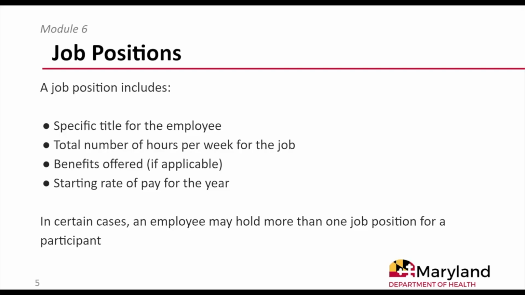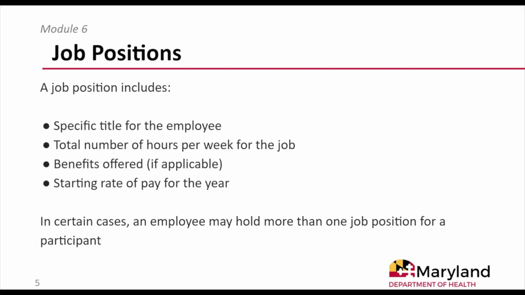The job position should also note any benefits that would be offered to an employee holding that position. These benefits can include paid time off, health insurance benefits, mileage reimbursement, paid training time, training reimbursement, and holiday pay. Finally, the job position should include the amount of money that a new employee starting in the position would earn per hour.